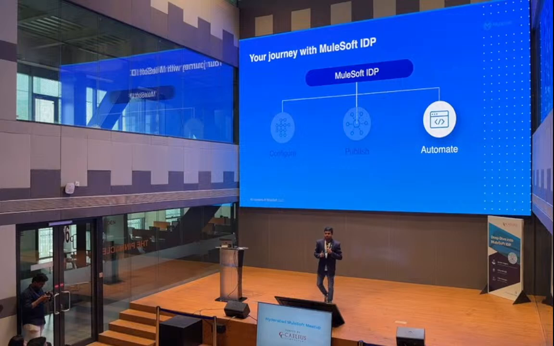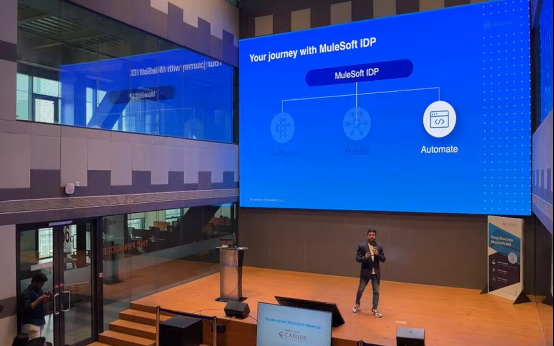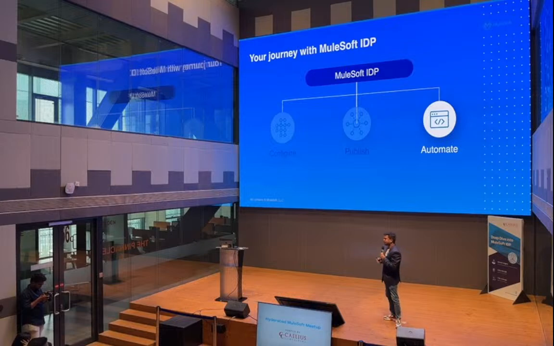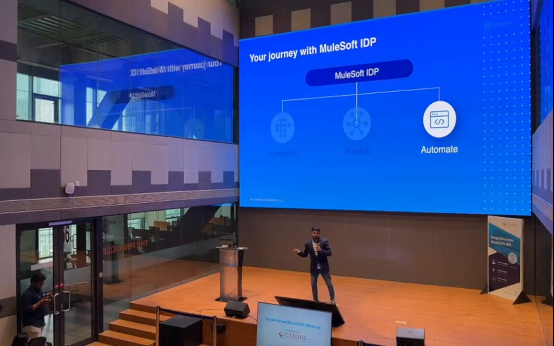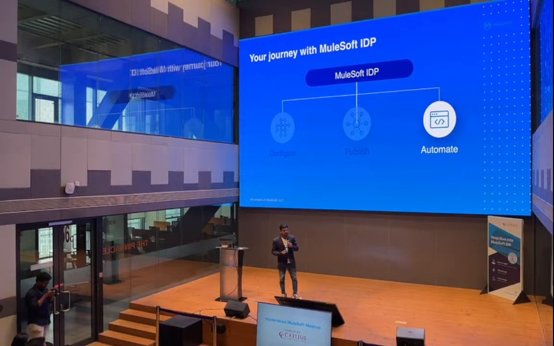Now that you have published your document action into Exchange, it is basically an API. Whenever you publish a document action, it is published as an API. Now your API is ready to be consumed. It takes multipart form data. Again, the automate part will be covered by my colleagues. We will see how to utilize that API in our real-time scenario.